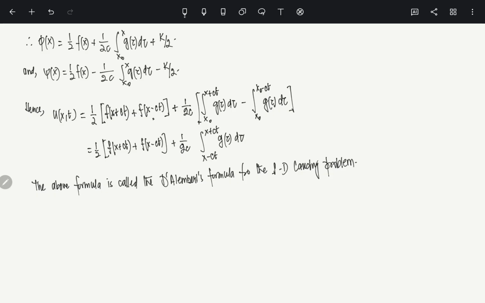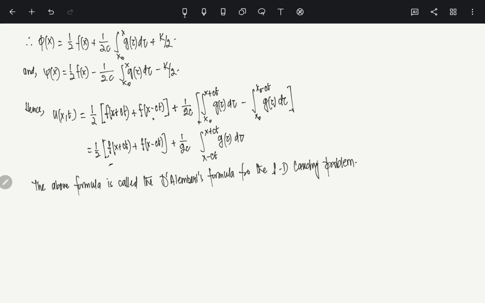Right. So now that we have this, let us understand some basic ideas of the solution. That's your solution, of course. Now, how do you know this is a solution? Of course, you can just take this u of x, t. You can take twice derivative with respect to x and twice derivative with respect to t, and you can see that they are essentially the same.